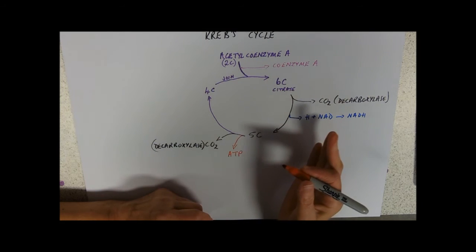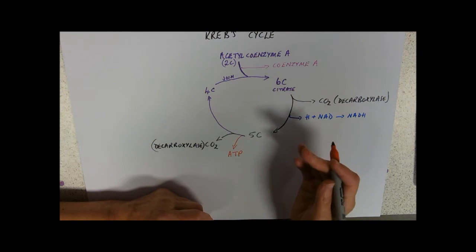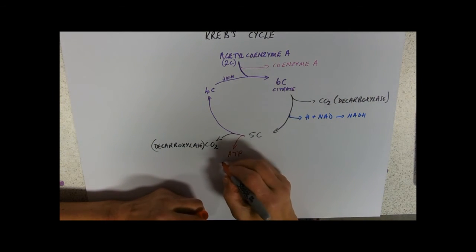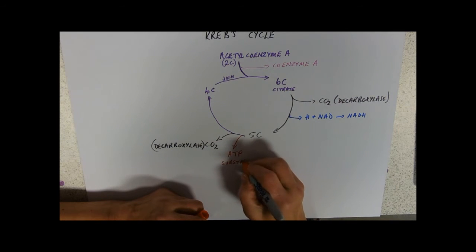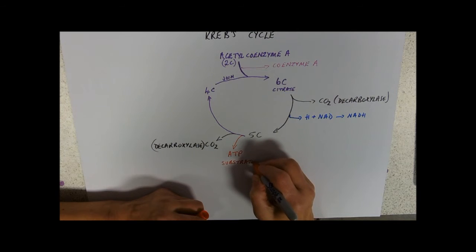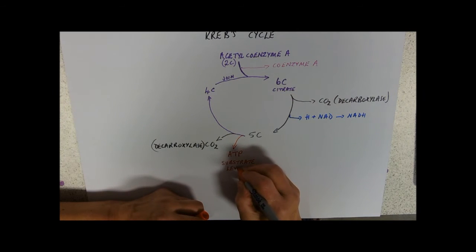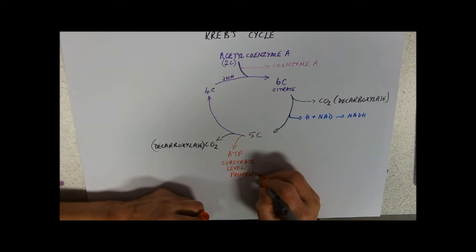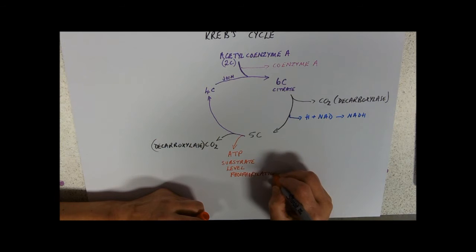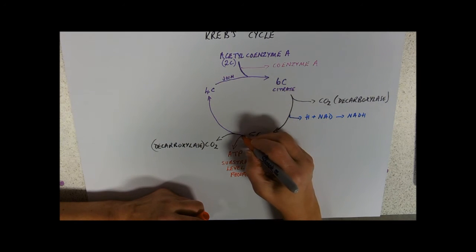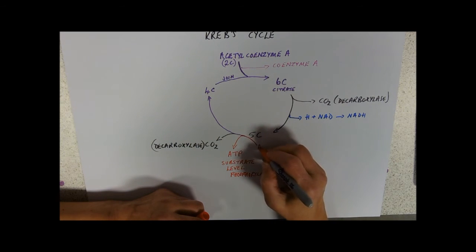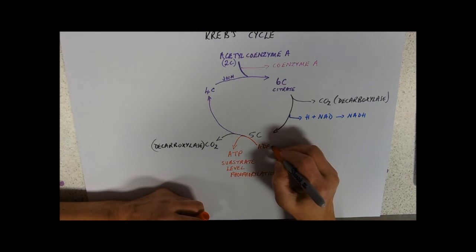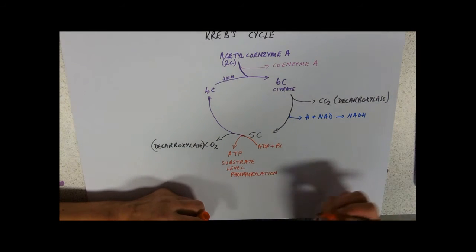And again, this is not involving chemiosmosis, it's not involving the electron transport chain, and this is again substrate level phosphorylation. Why phosphorylation? Well, if we put the other end of the reaction on, we're going to phosphorylate an ADP.